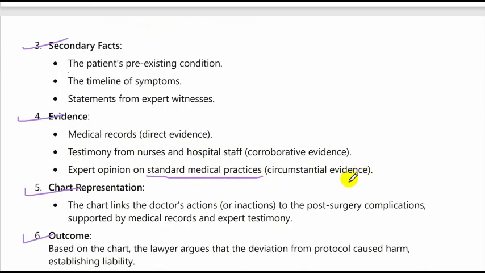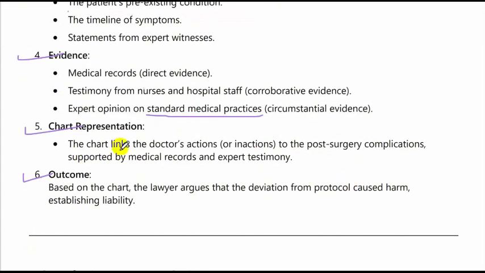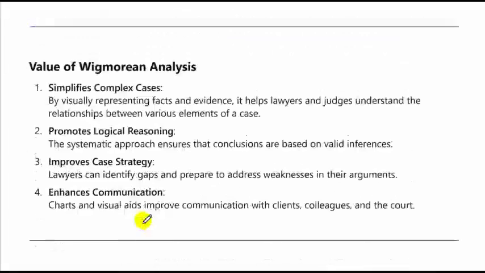Which is the circumstantial evidence. The chart links the doctor's actions or his inactions to post surgery complications, supported by medical records and expert testimony. Outcome: based on the chart, the lawyer argues that the deviation from protocol caused harm, establishing liability.